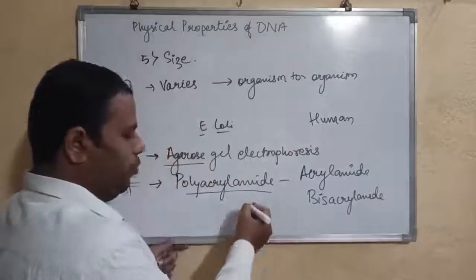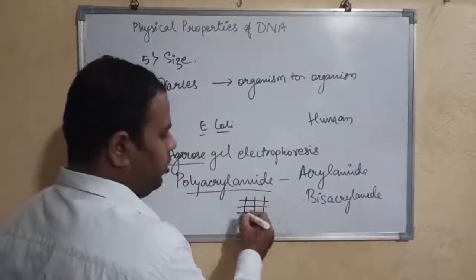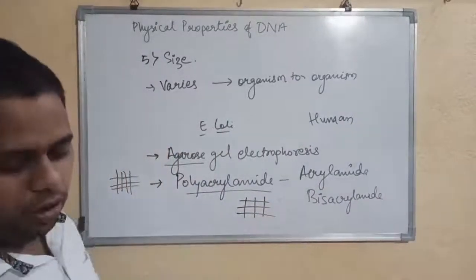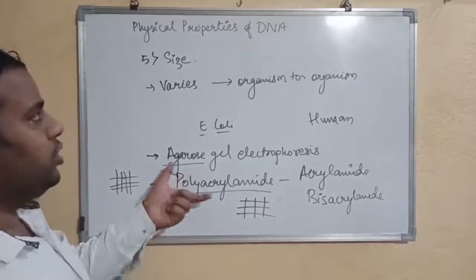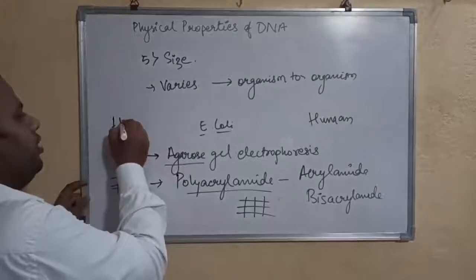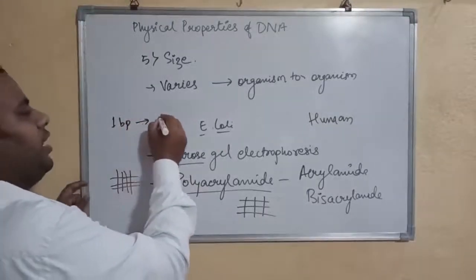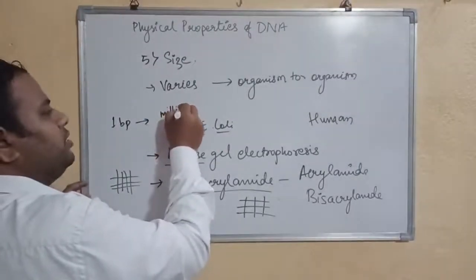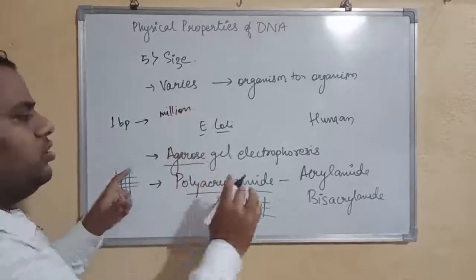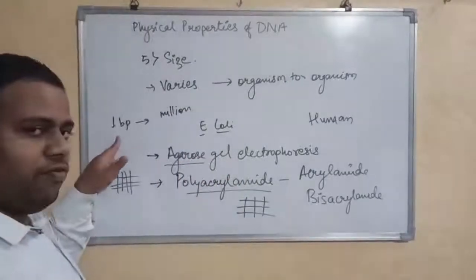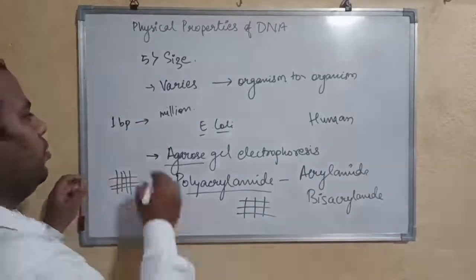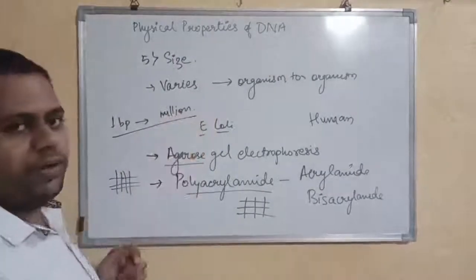So based on the porous nature or the pore size we want, we can vary the concentration of this, and based on this you can separate. So using this, the size from one base pair of DNA can be separated up till millions of base pairs. It means you can adjust the concentration of high quality agarose to separate one base pair of DNA also, and it can go on till millions of base pairs also.